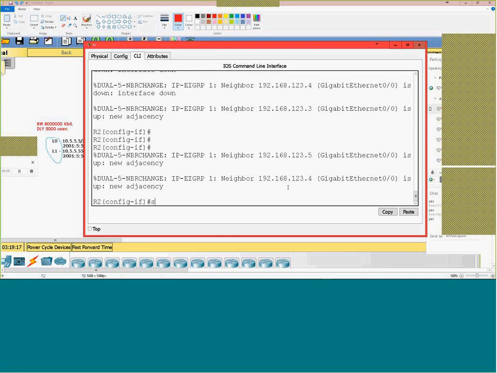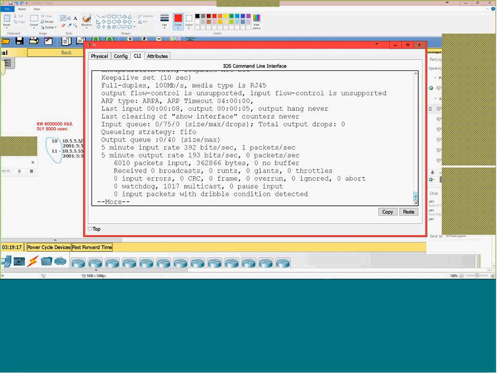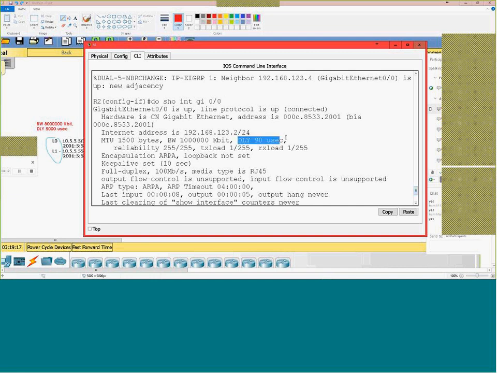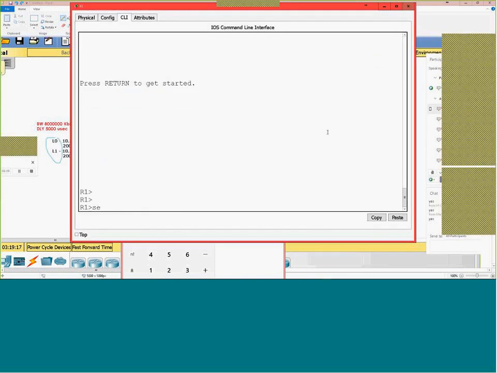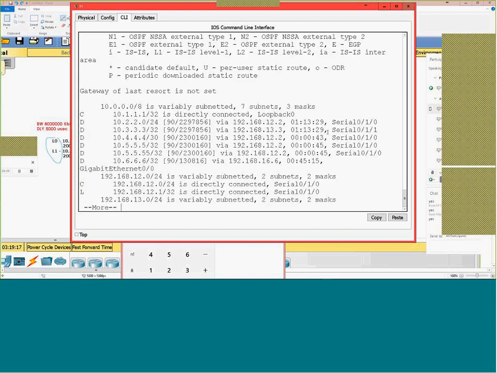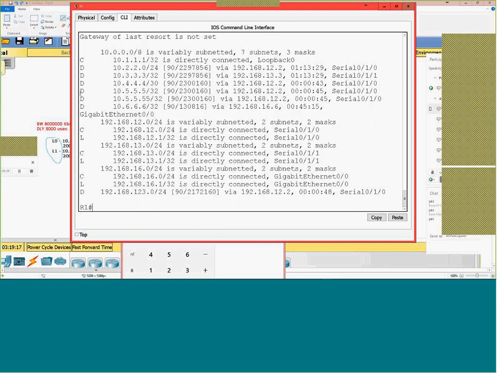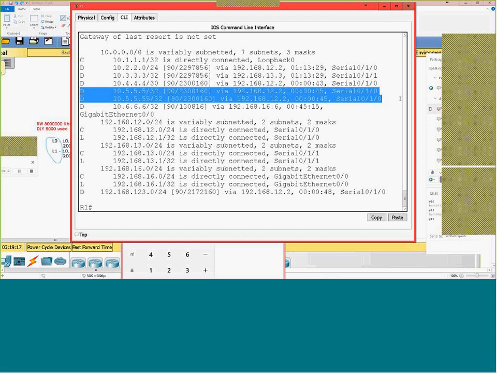So if I do show interface Gi0/0, my delay should now be 90, because when you enter it in the command, it's in tens of microseconds. But I did make that path more preferred. The smaller the delay, the more preferred the path. If I come back to router 1 and I do a show ip route, you will now see that I am no longer load balancing to the 10.5.5.5 network.